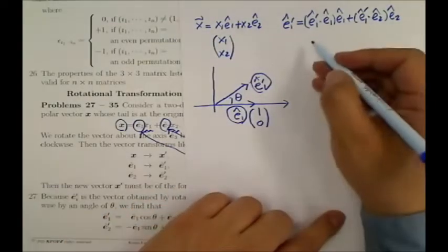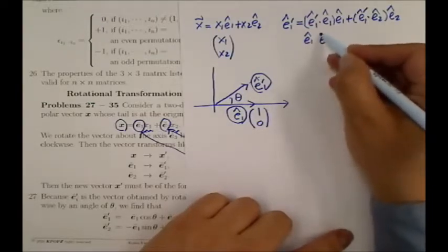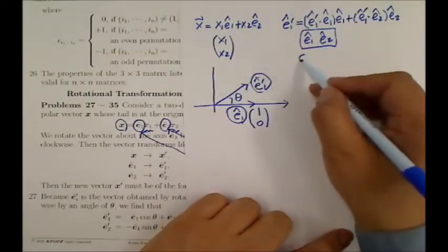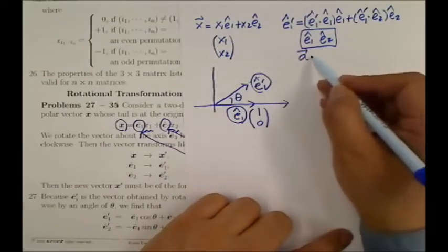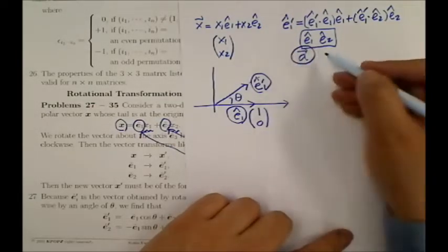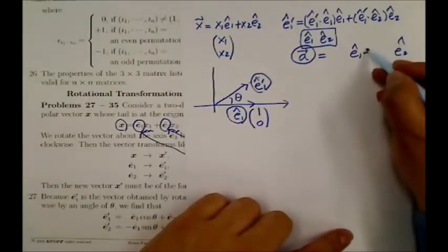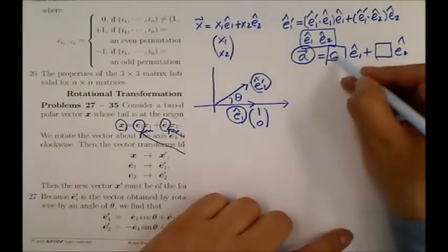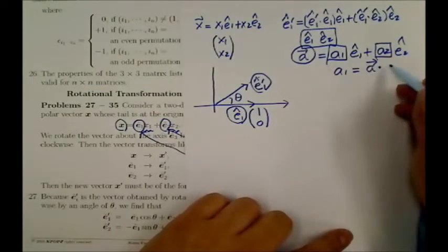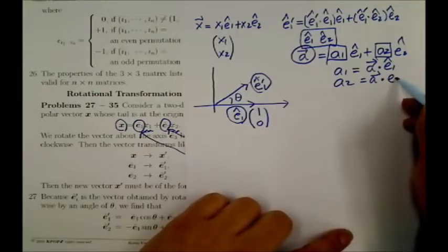You remember in two dimensions, E1 and E2 are basis vectors. Therefore, if I want to decompose a vector into two pieces, I have E1 and E2 and their components A1 and A2 are just the scalar product with E1 and the scalar product with E2.